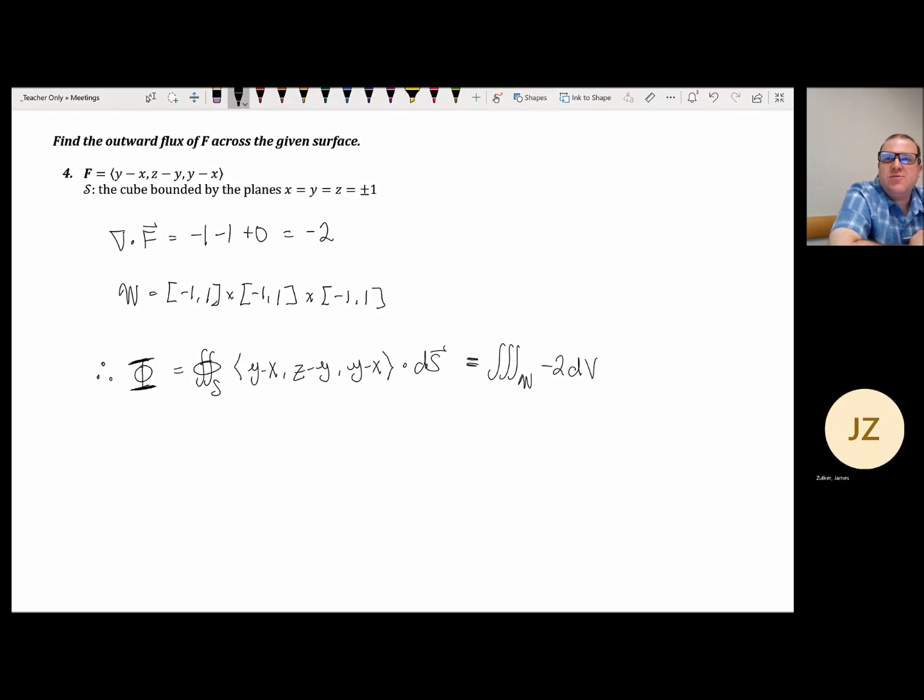According to divergence theorem, it's just that triple integral. If you factor out the -2, aren't you left with a volume integral?